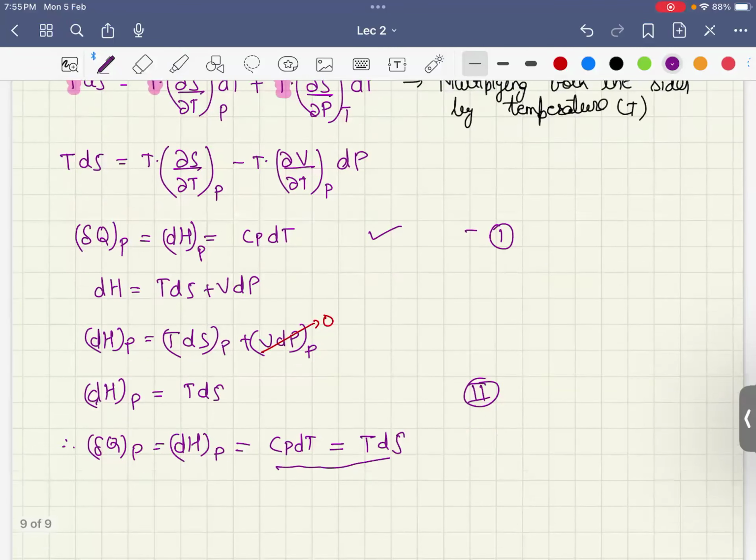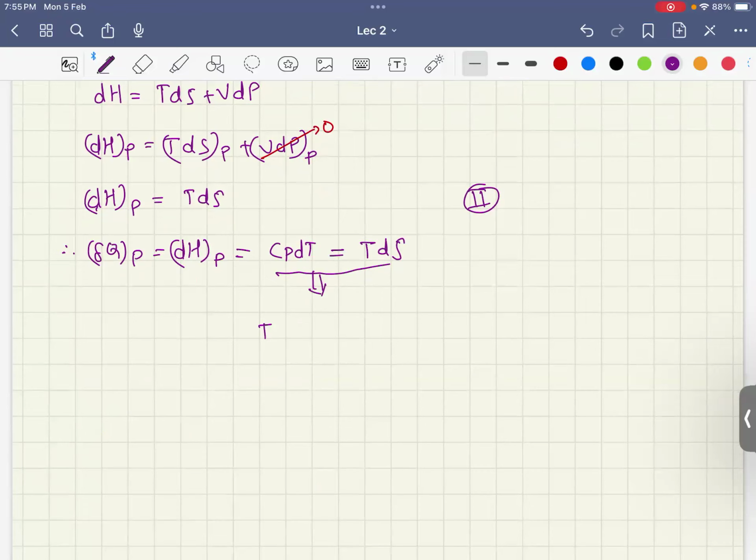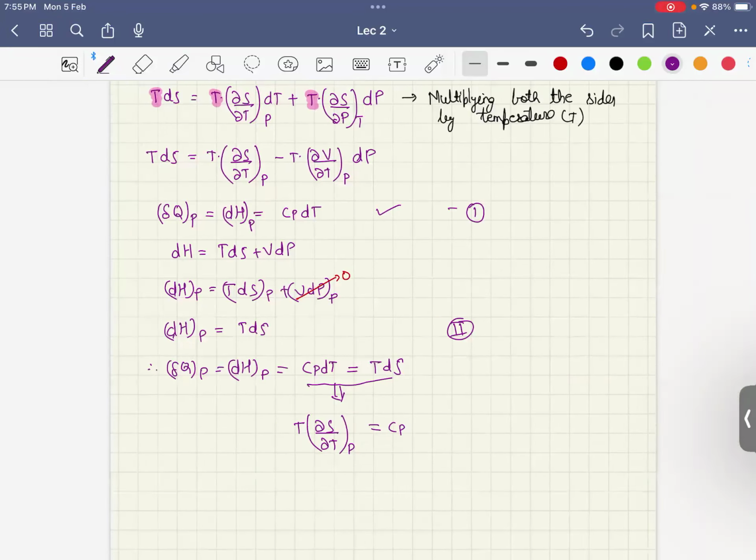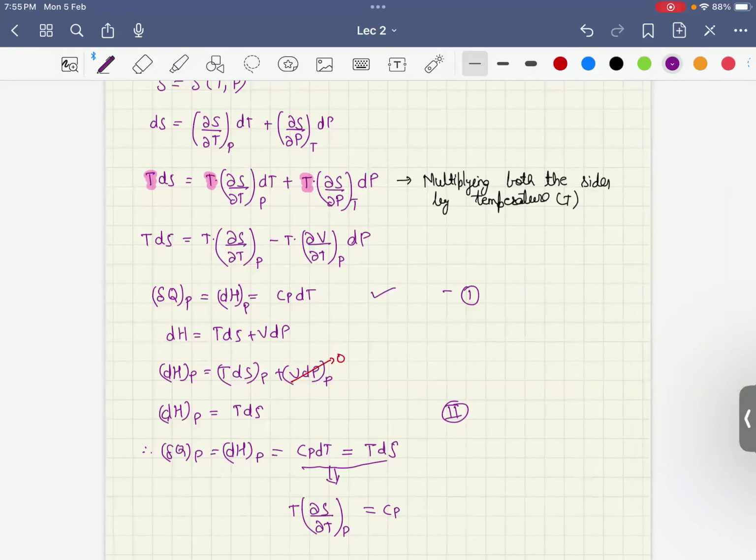Now let us look at this one. That means T into dou S dou T at constant pressure is Cp. Does this look familiar? Yes, we see this here. So we have this and this, and again we replace in a similar way.